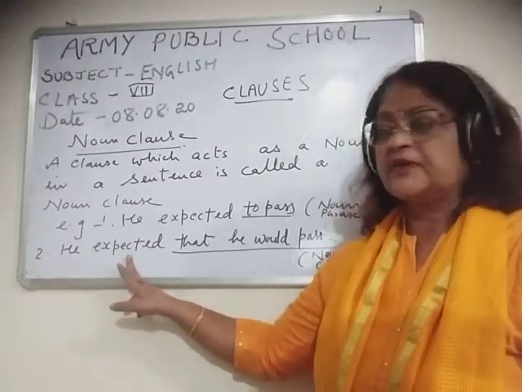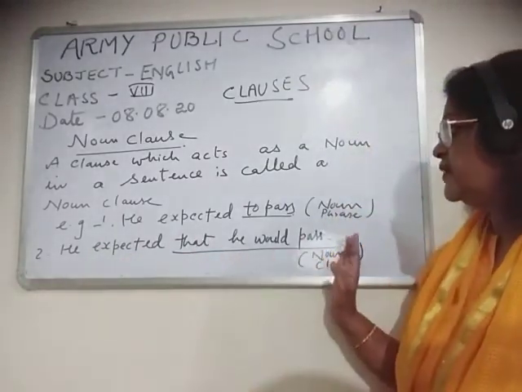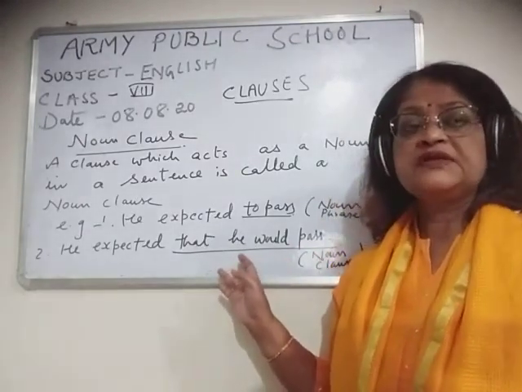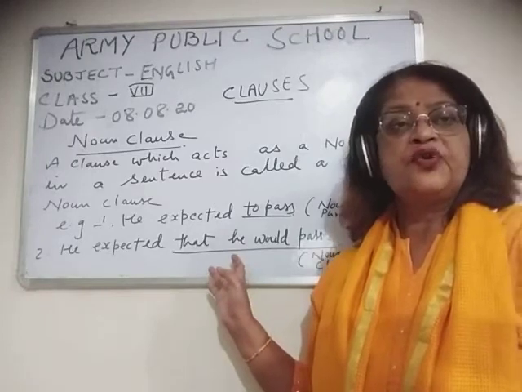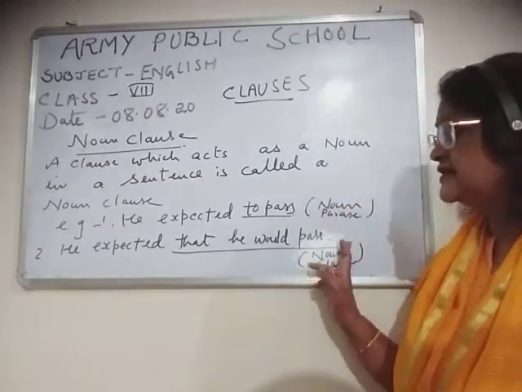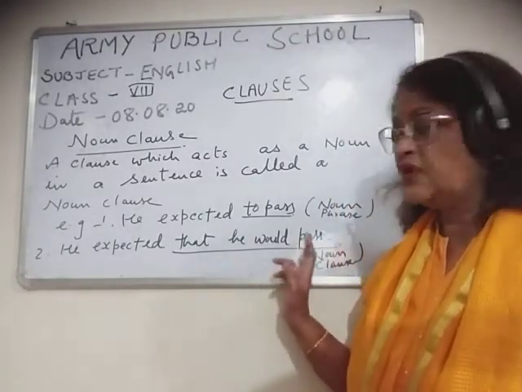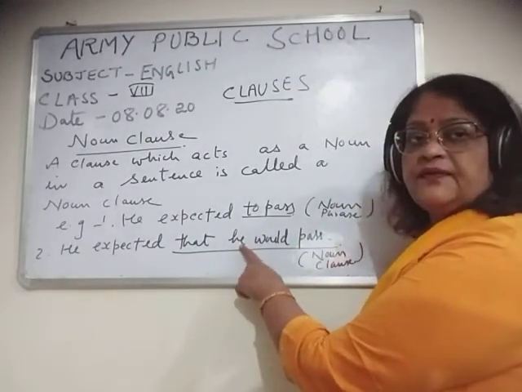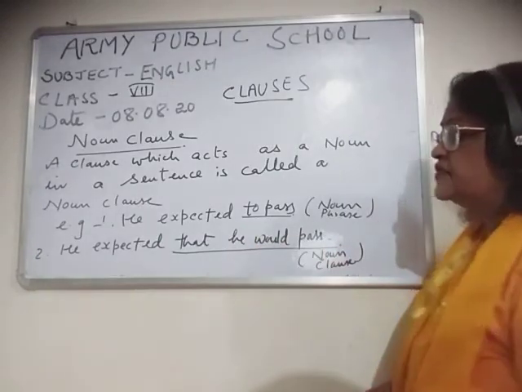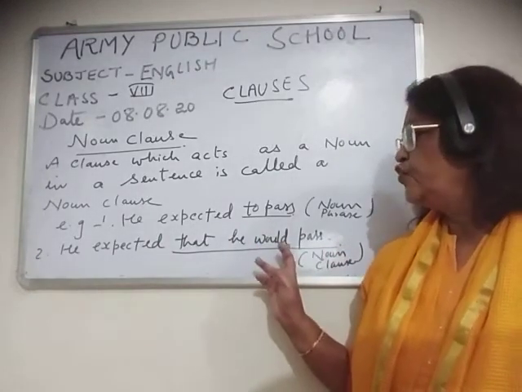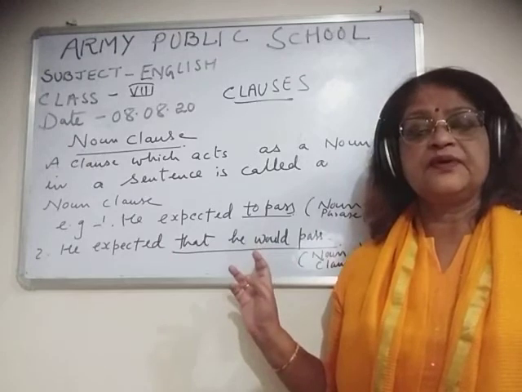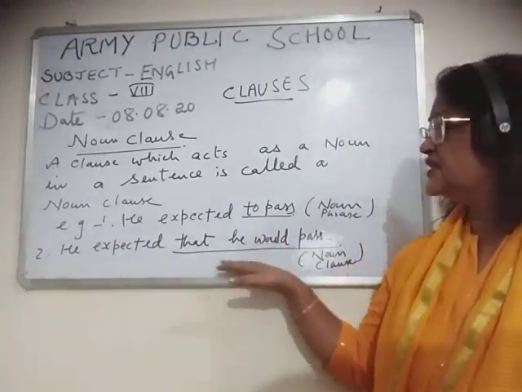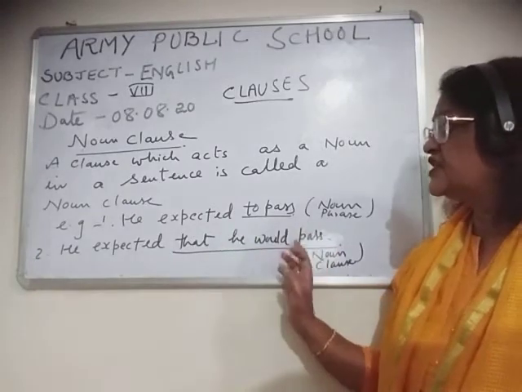Expected is a verb and this part is describing the verb, and it is acting as the object of the verb. What is an object of the verb? It is a noun or pronoun. So this whole part is acting as a noun clause because here he is a subject and would is a finite verb. So this whole that he would pass is a noun clause.